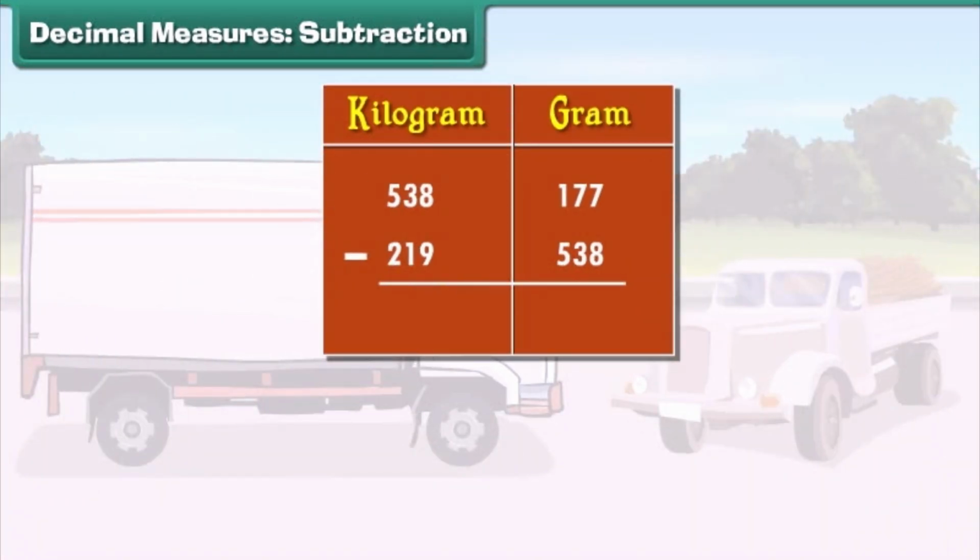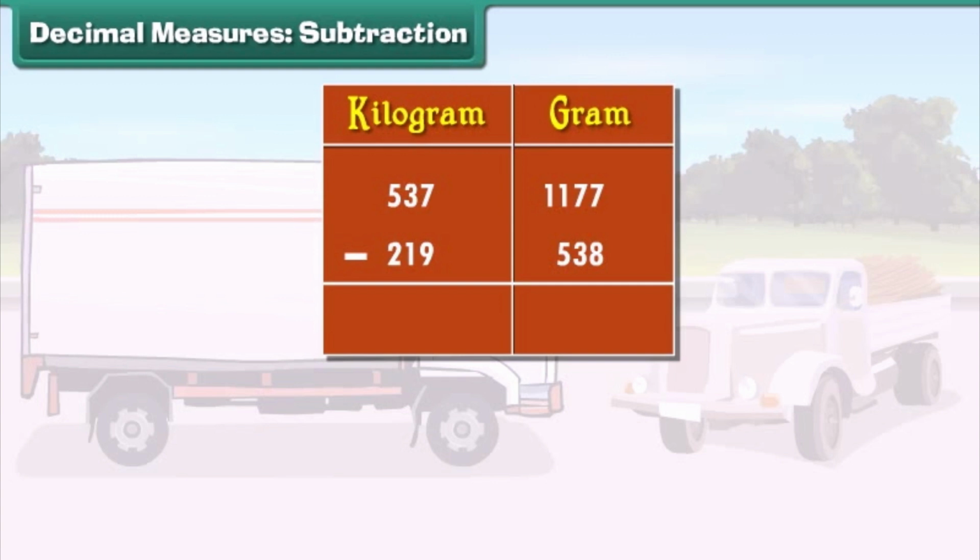Since 538 grams cannot be subtracted from 177 grams, so 1 kilogram is borrowed from 538 kilograms. It is converted into grams and added to 177 grams to get 1177 grams.